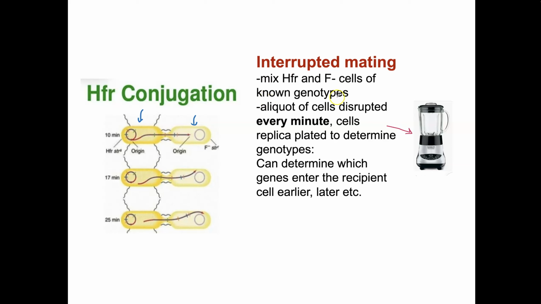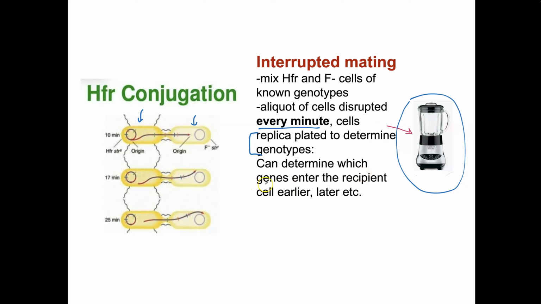And you mix a large amount of them together, and then you allow them to mate, and then every minute you disturb them by putting them into a blender and turning the blender on. The bacterial cells do not continue to mate under this condition. And you only have to blend them for 3 seconds or something like that.